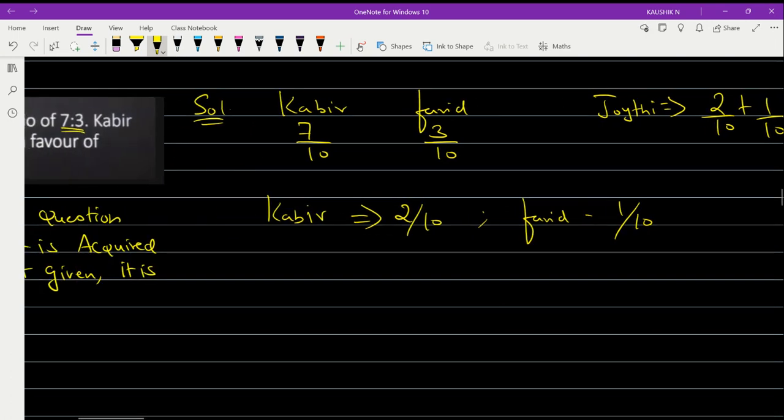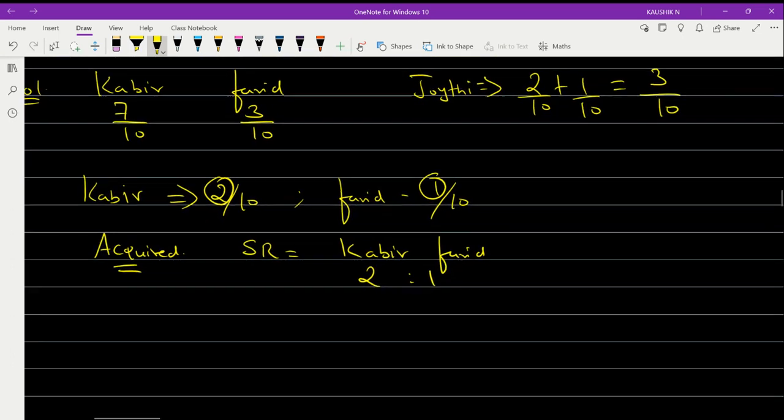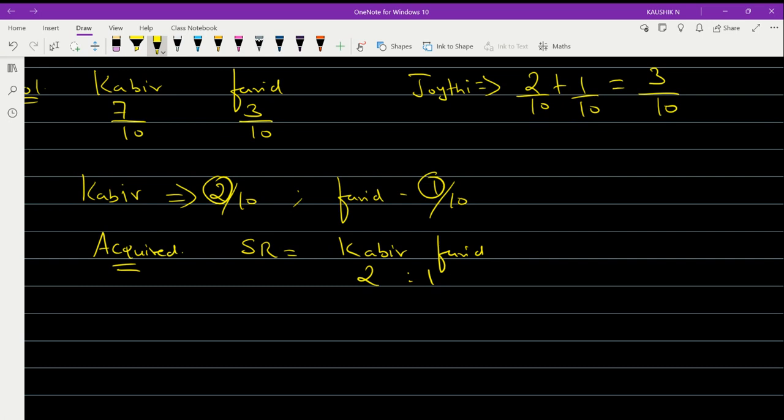And since it is a case of acquired, and we know very well Kabir has given 2/10 and Farid has given 1/10, the sacrificing ratio between Kabir and Farid is 2 is to 1. Not 2 by 1, 2 is to 1. So we have got the sacrificing ratio.